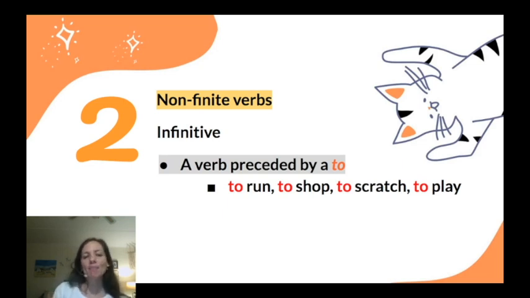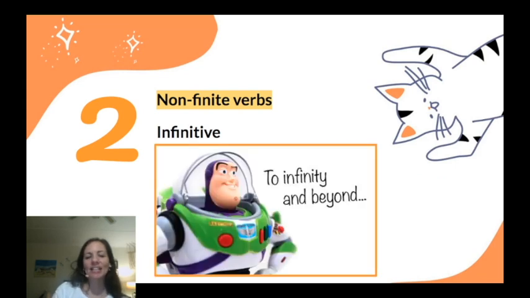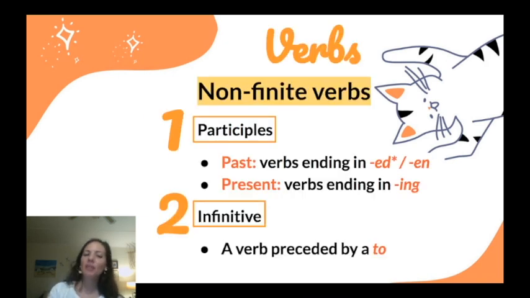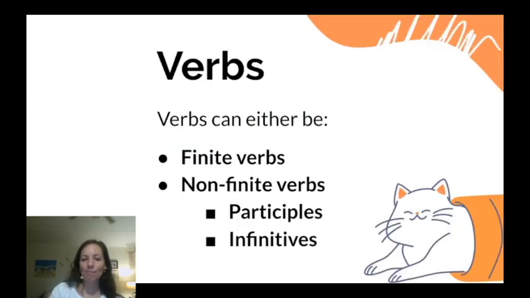The way to remember the infinitive is to think of Buzz Lightyear when he says, "To infinity and beyond." In that phrase, we've got "to infinity," so I want you to remember that every time you've got "to" and a verb, it is an infinitive. So to put that together, we've got participles and infinitives, and those can all appear in my sentence. We could see a gerund as well, but we'll be looking at that a little bit later.